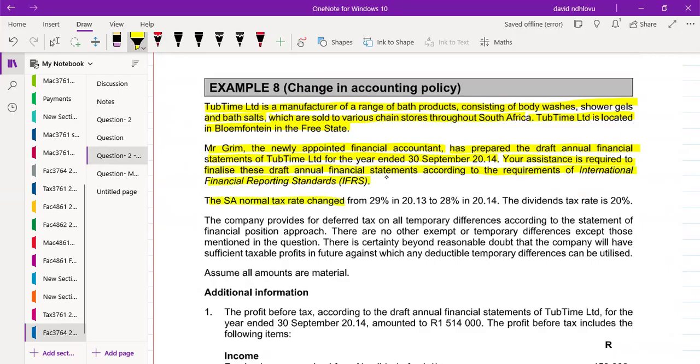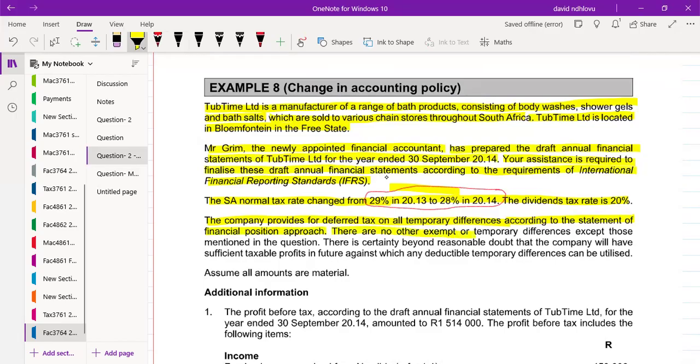The SA normal tax rate changed from 29% in 2013 to 28% in 2014, and the dividend tax rate is 20%. So in this one, there is a change in rate. We already started on the change in rate during the week when we were doing a class with the CTA guys. The company provides for deferred tax on temporary differences according to the statement of financial position approach.